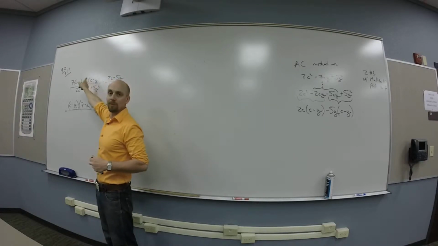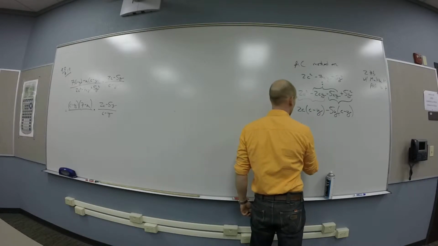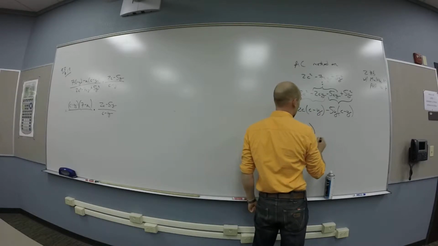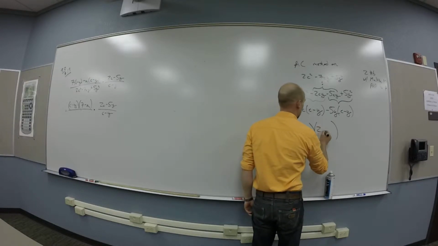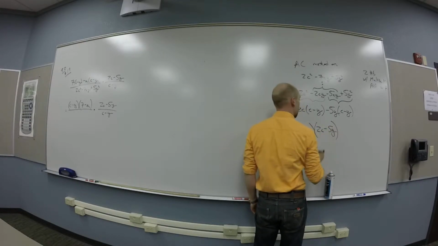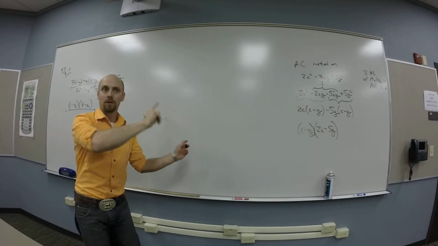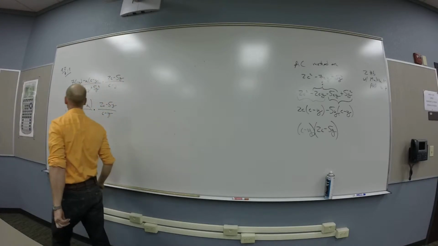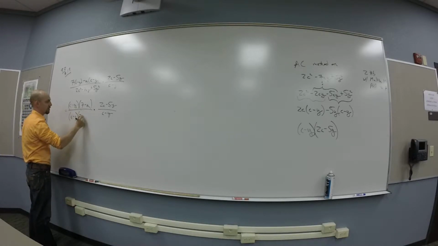This is set up a little bit like an AC factor. So I factor a c minus y out. And what am I left with? 2c minus 5y. And so I take this information and put it back in the bottom over here. So I've got a c minus y times a 2c minus 5y.